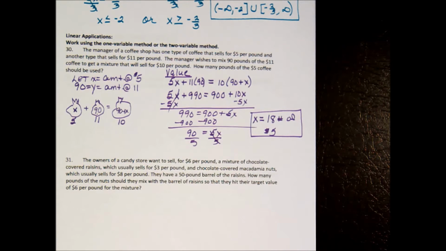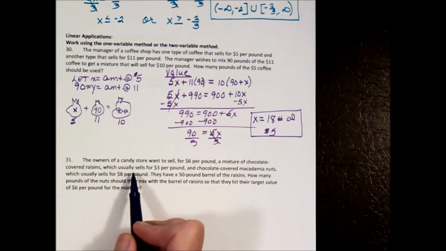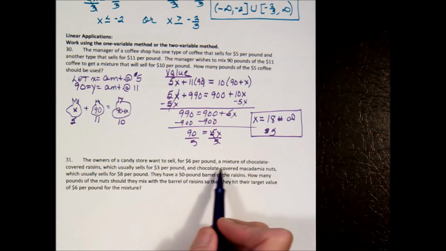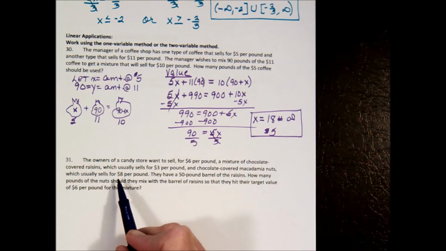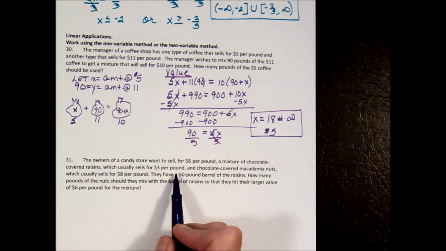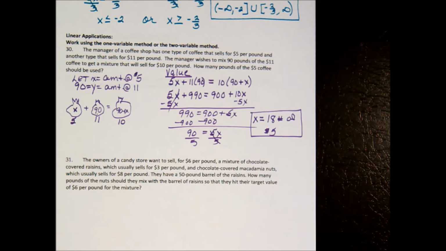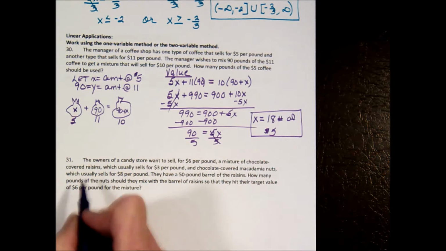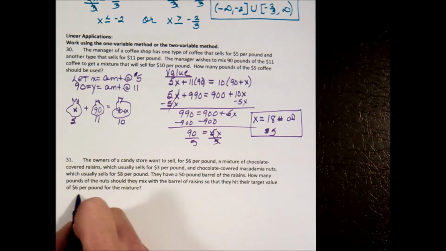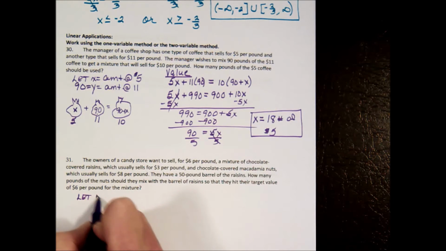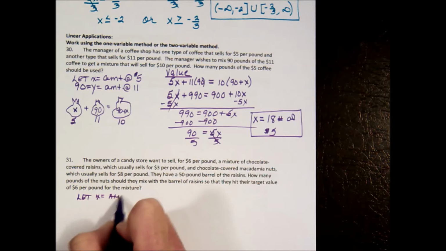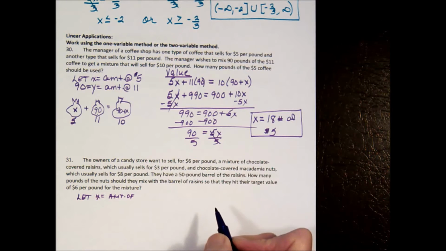The owners of a candy store want to sell for $6 a pound a mixture of chocolate-covered raisins, which usually sells for $3 per pound, and chocolate-covered macadamia nuts, which usually sells for $8 a pound. Now, this is confusing the way it's worded. So let's do what we did on the last one, and then it may change. So I'm going to say let x equal the amount of, now what are they mixing? Chocolate covered raisins.